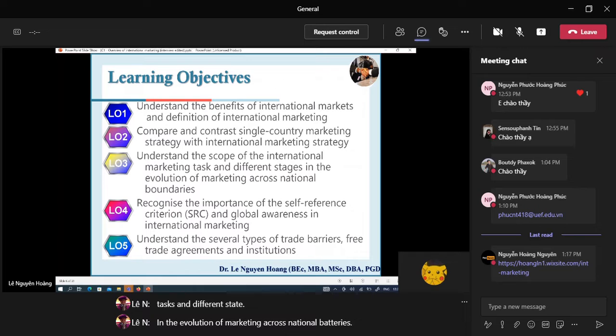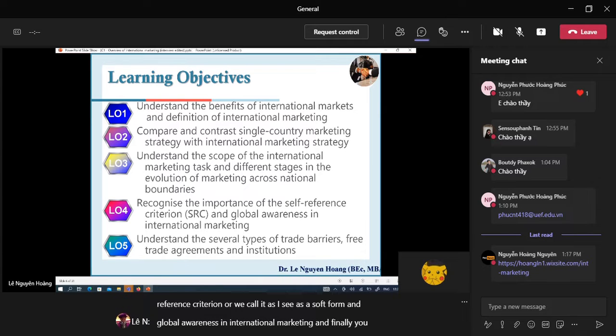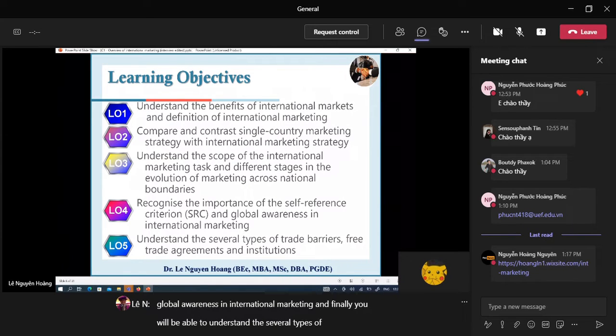You will be able to recognize the importance of the self-reference criterion, or SRC for short, and global awareness in international marketing. And finally, you will be able to understand the several types of trade barriers, free trade agreements, and institutions.